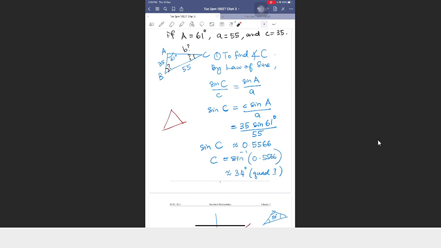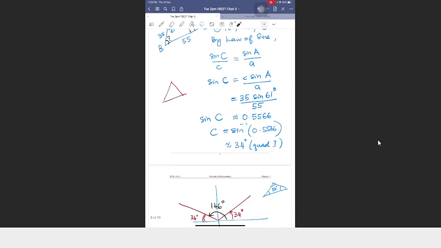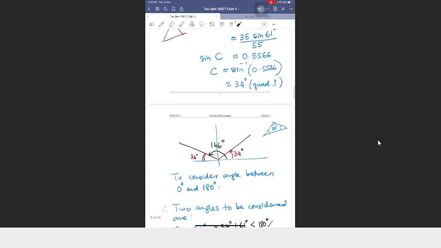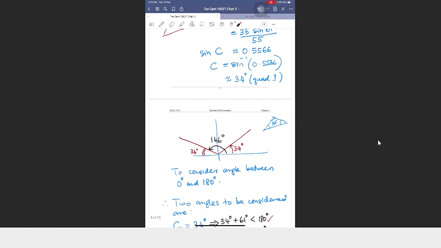Therefore, when you find your angle, you must consider both angles, the angle in quadrant 1 as well as the angle in quadrant 2. Here we use the concept we learned in chapter 2: you can just subtract the angle from 180, then you get your angle in quadrant 2.